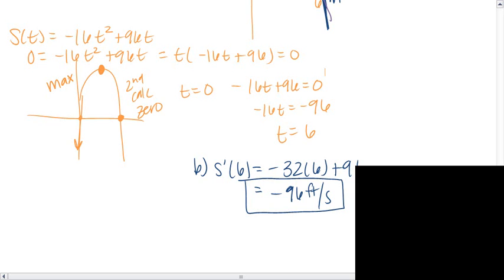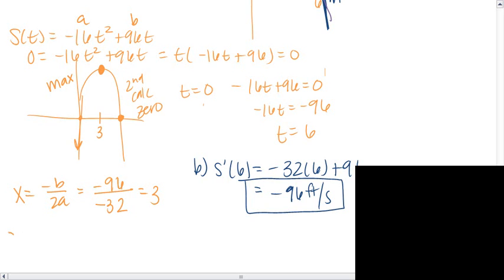You could also just use the vertex formula for the quadratic that was originally given to us. That is negative b over 2a. So this would be negative 96 over negative 32, using my b value of 96 and an a value of negative 16. When you divide those two, you simply get 3, which means at an x value of 3, we reached our maximum height.